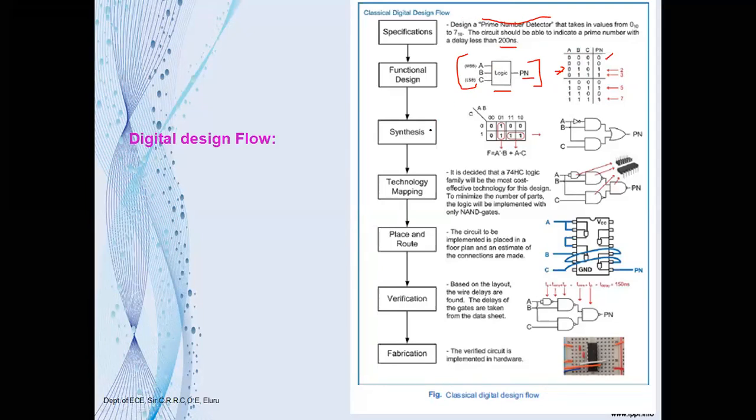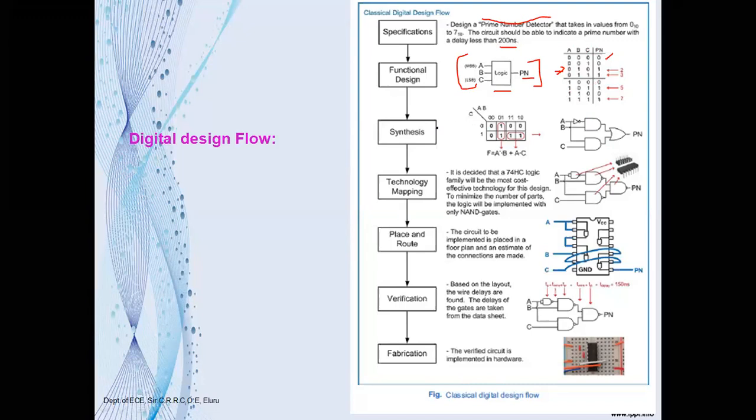And then synthesis. What are you doing exactly in the synthesis? You are minimizing the truth table into the circuit form. That is called the gate level abstraction. Initially you have a block diagram or a truth table, but you don't know the exact circuit to design the system.